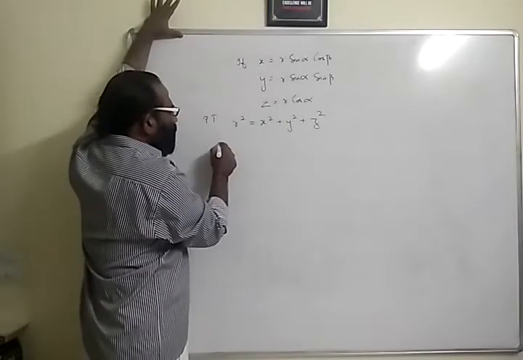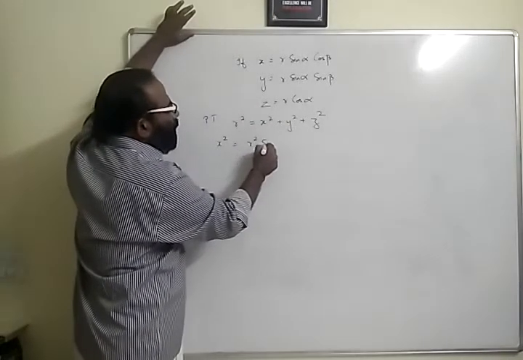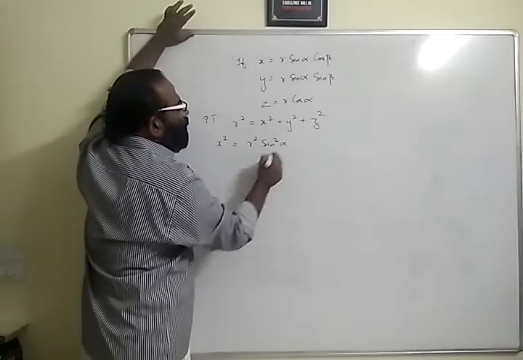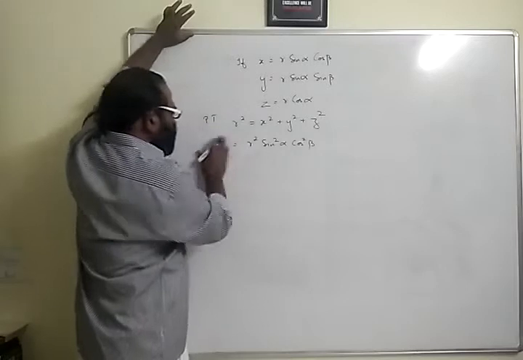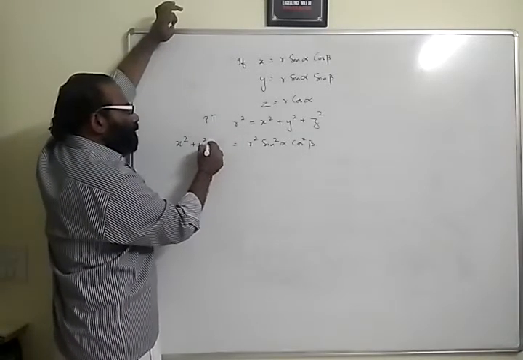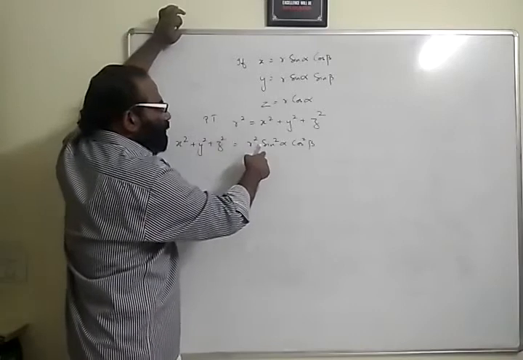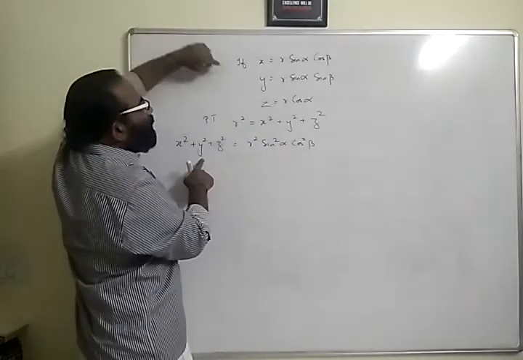So what is x squared? X squared equals r squared sine squared alpha cos squared beta. So let's write the whole thing here. X squared plus y squared plus z squared. This r squared sine squared alpha cos squared beta. Then y squared.